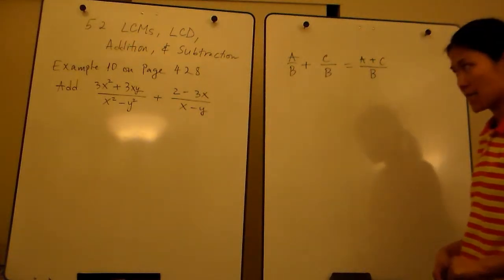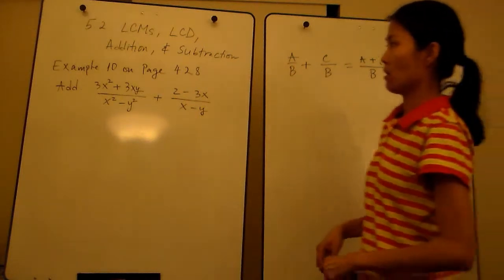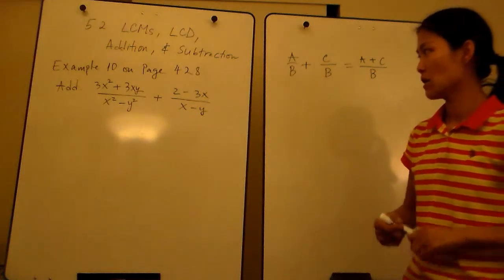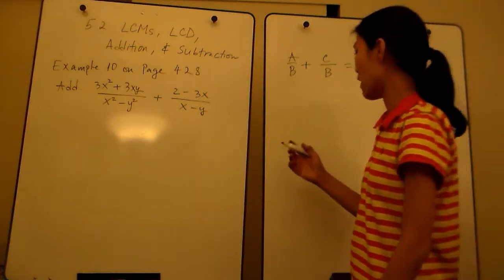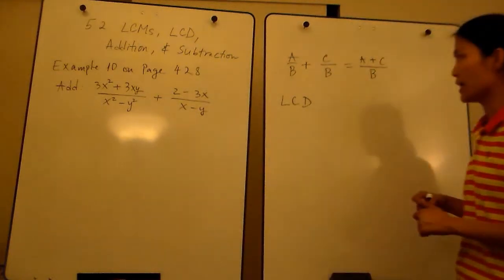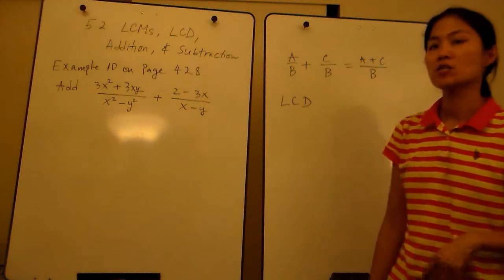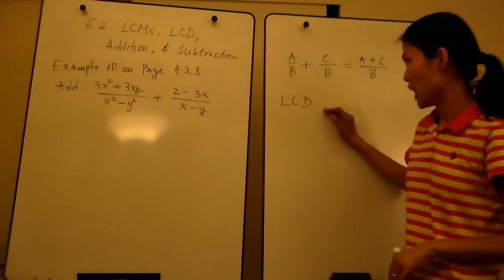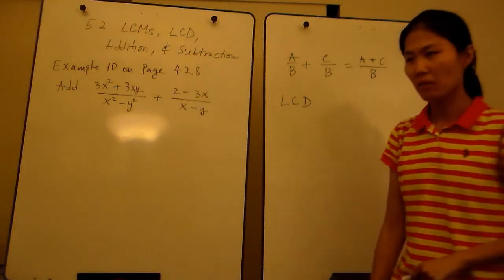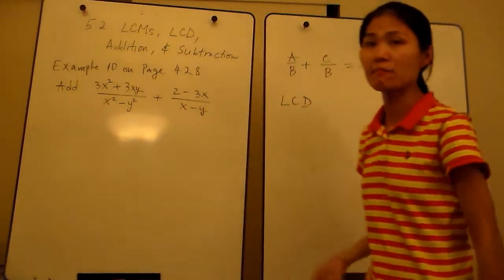So you need to find the least common denominator, or the LCD. Alright, so let's find the LCD. By the way, the LCD is actually the LCM. So to find the LCD, you find the LCM of the denominators. Earlier I showed you how to find the LCM.